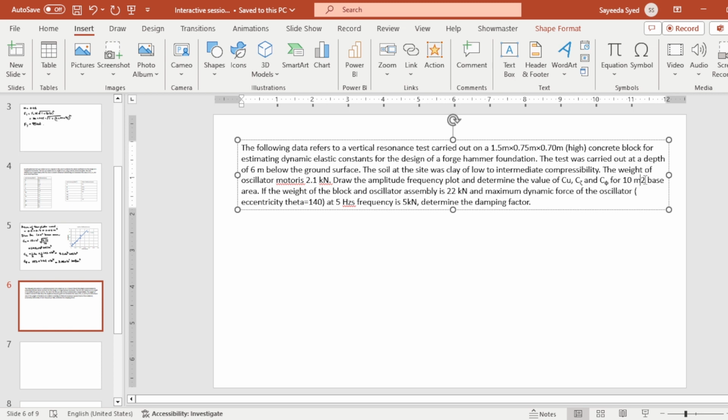We have a square here. We also have a theta here, 140 degrees.